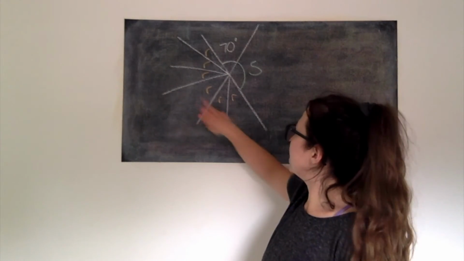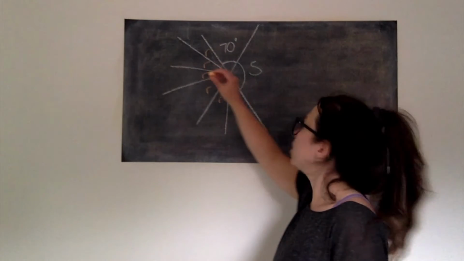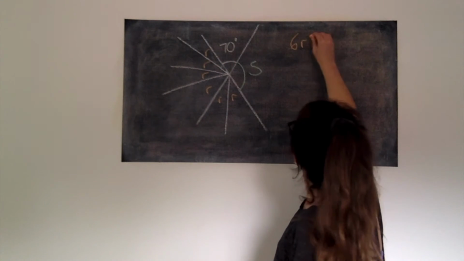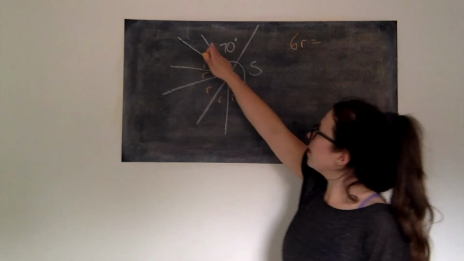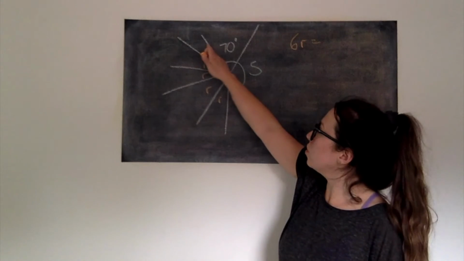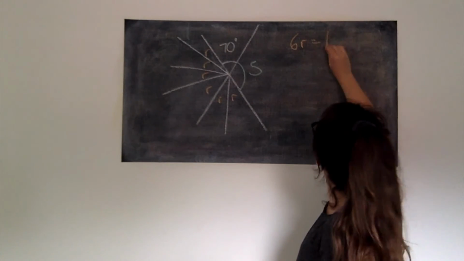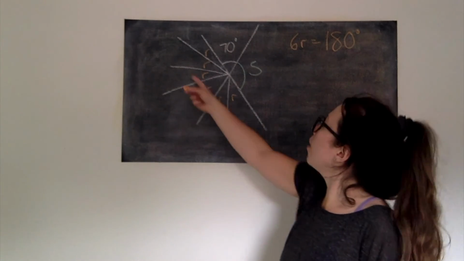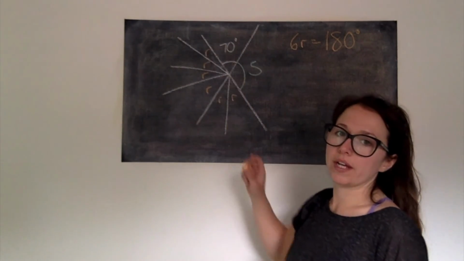I said that we've got 6 lots of r, they were all equal. So we can call that 6r, and it equals all of these together. Here's our straight line, so all of those total 180 degrees. Again, we could do repeated addition, r plus r plus r plus r plus r plus r equals 180 degrees.